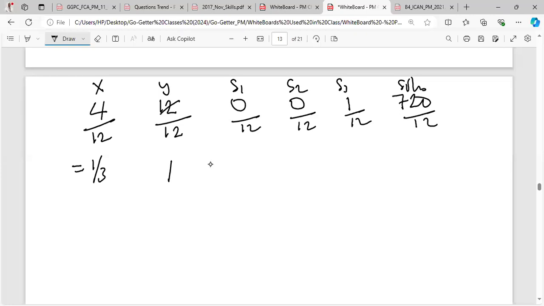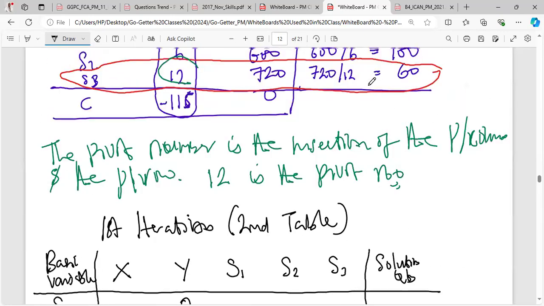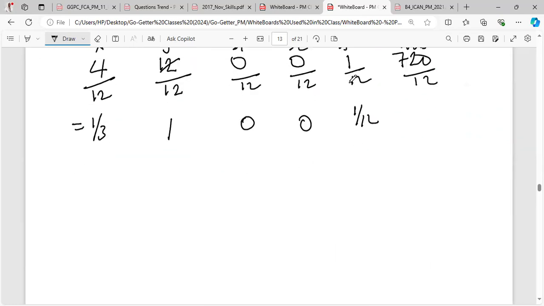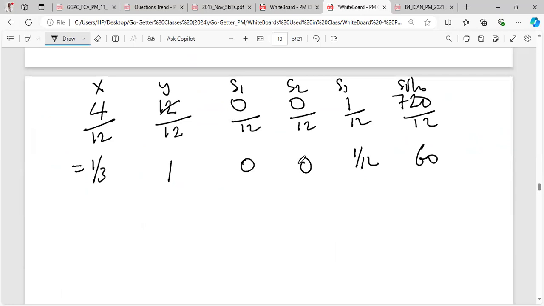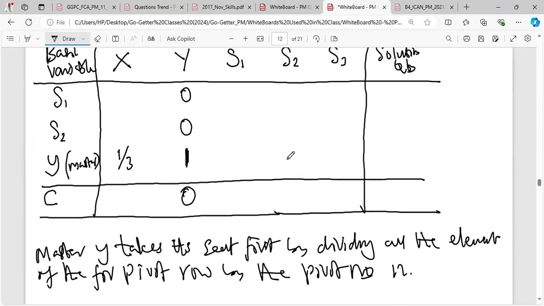Then 0 over 12 will give me 0. 1 over 12 will give me 1 over 12. 720 over 12 gives 60. So it is these figures we are going to take up: 1 over 3, 1, 0, 0, 1 over 12, and 60.